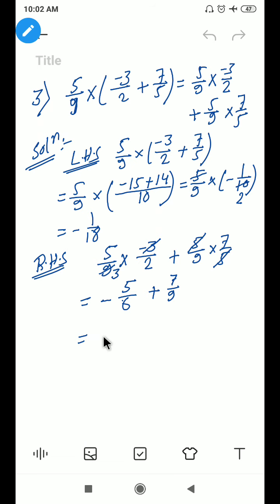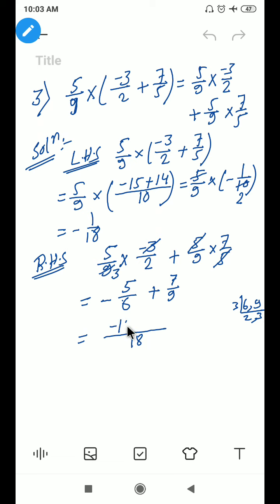So we have to find out the LCM of 6 and 9. What will be the LCM of 6 and 9? This is 3 threes are 9, 9 twos are 18. Now which number multiplied with 6 will get 18? That is nothing but 3. So these 3 we have to multiply with 5.